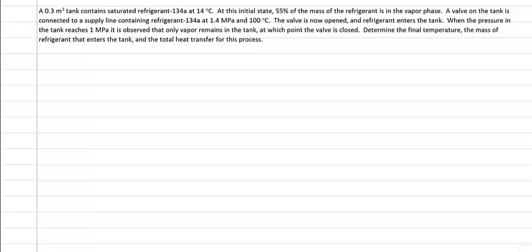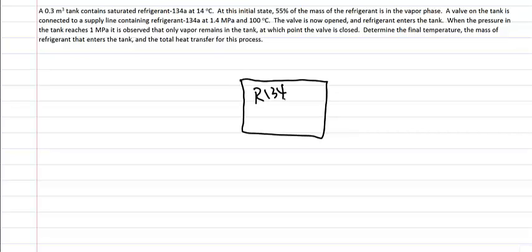So let's begin this problem with an appropriate illustration. We're told that we have a tank containing refrigerant 134A, and the volume of this tank is 0.3 cubic meters. We're also told that this tank contains saturated refrigerant and that 55% of the initial mass is in the vapor phase.